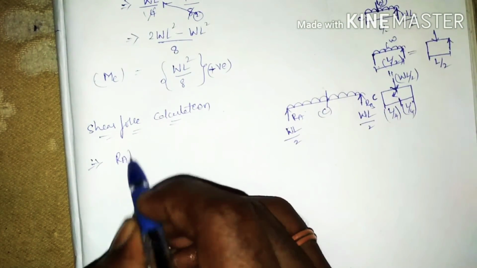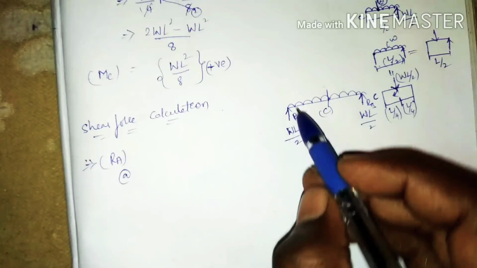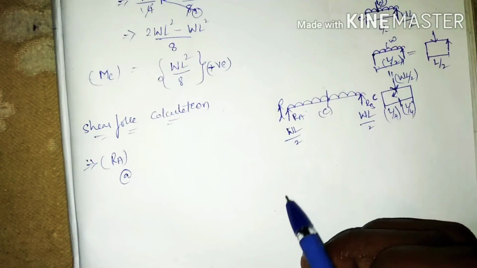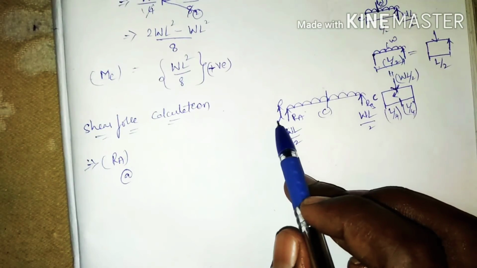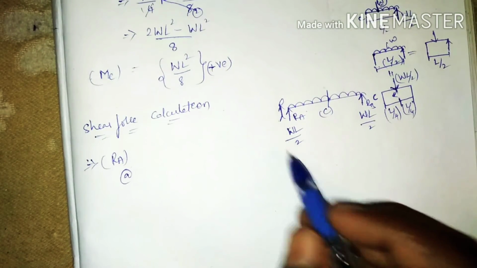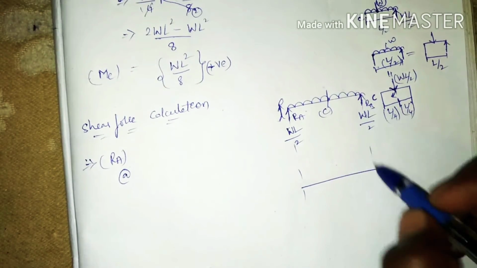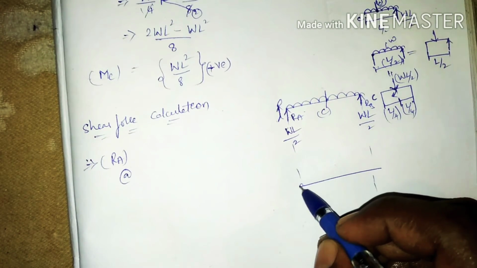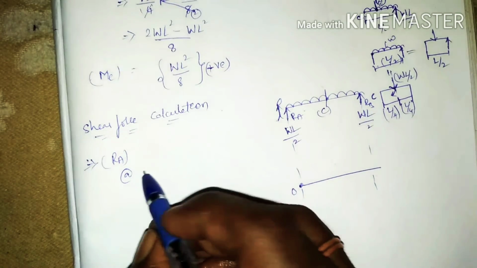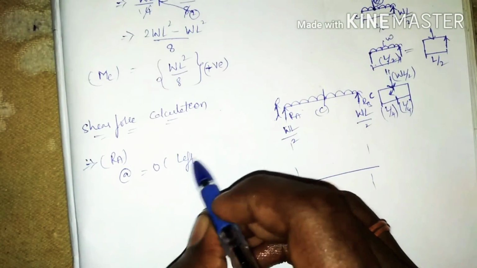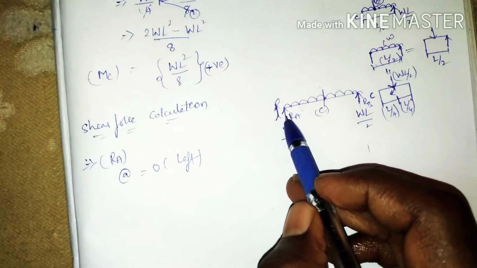At RA, I am going to stand here, that is the left side of RA. Here I don't find any type of forces on the left side, so I am going to consider it as 0. That is equal to 0 on the left side of RA.